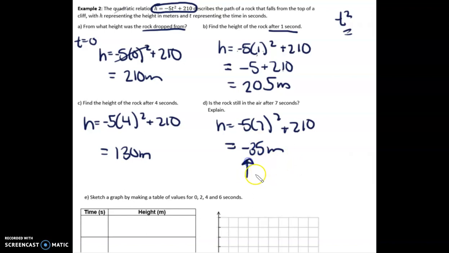When we think about a negative number in terms of height, we're thinking that it went through the ground, okay? So we can conclude, therefore, the rock hit the ground. Because we can't have these negative numbers. The lowest number that we can have for the height of the ball is 0, which is the ground.